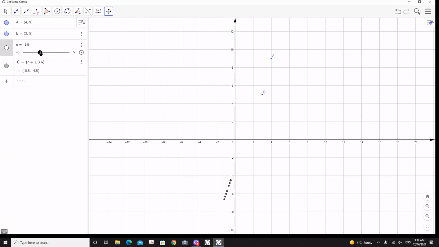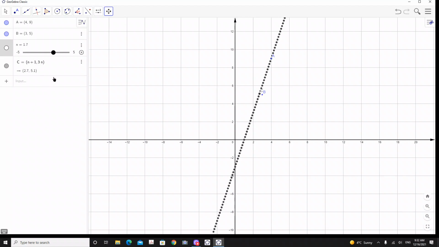We predicted that when n becomes exactly equal to 3, these will go on the same line at A and B, but this never passes through this. Never passes through it. So might be our calculation is wrong somewhere. Because you see, I am changing the values for this C, and apparently they are not passing through that. 2.5. Yes? So what's happening?